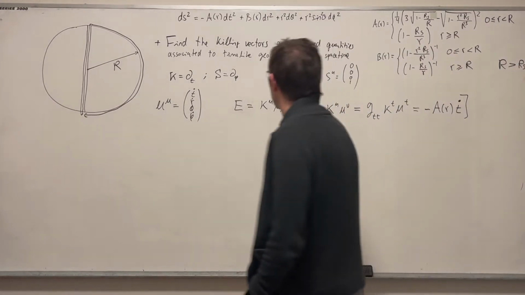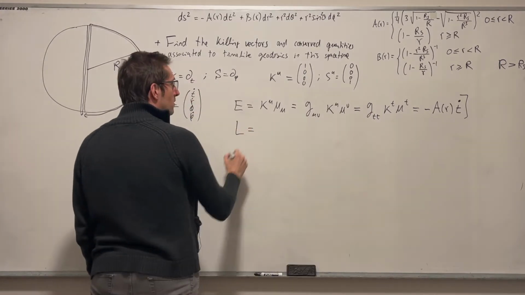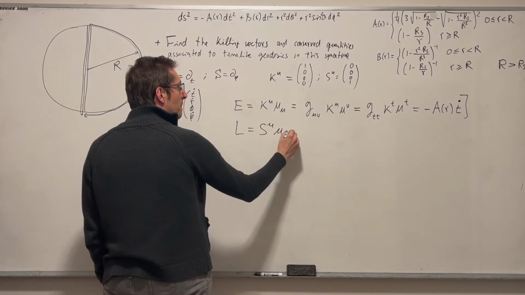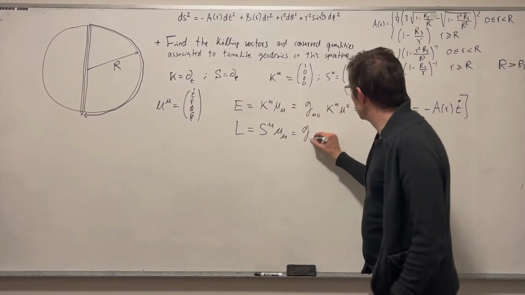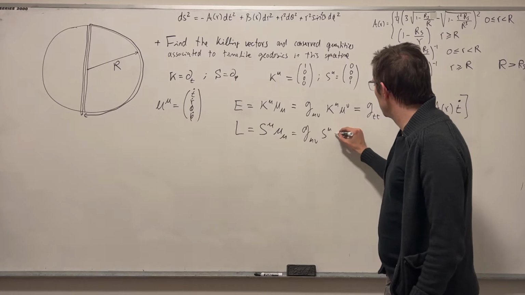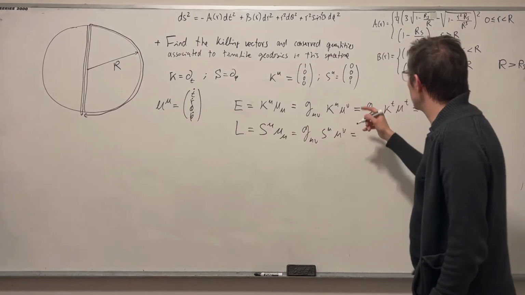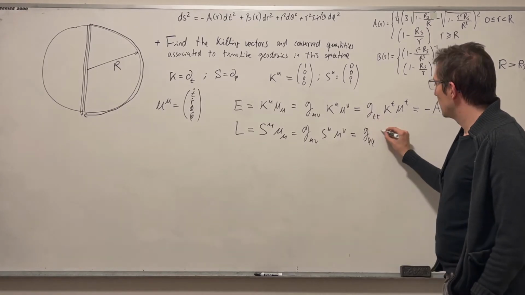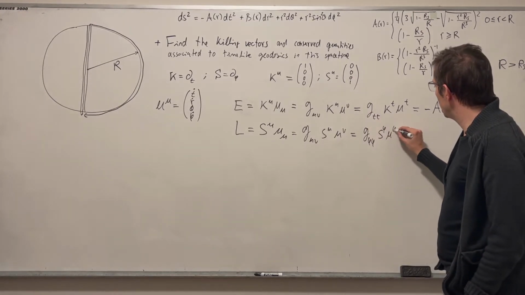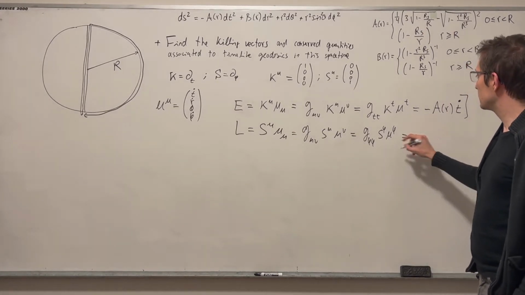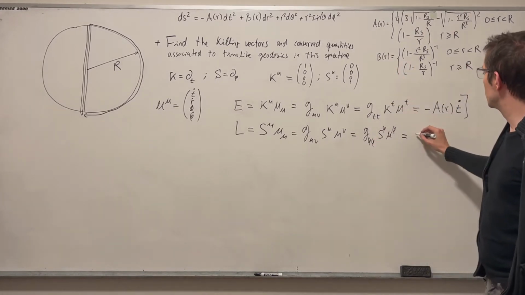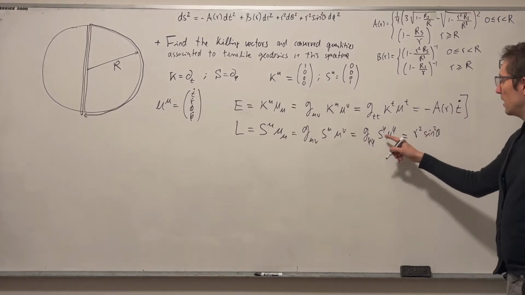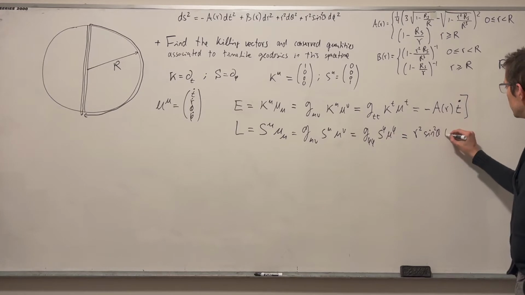Now, how about the second conserved quantity? Well, second conserved quantity, L, is the contraction of S mu with U mu. Same as before, this is g mu nu, S mu, U nu, and of course here there's only phi component, metric is diagonal, so we get phi phi, S phi, U phi, alright, and then upon substitution, g phi phi is r squared sine theta squared, S phi is 1, and U phi is phi dot.